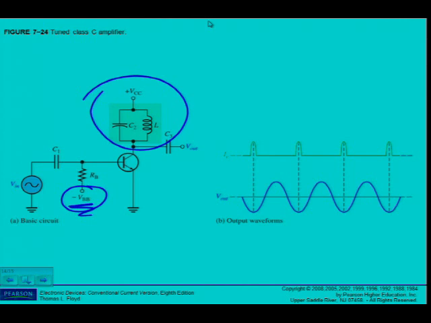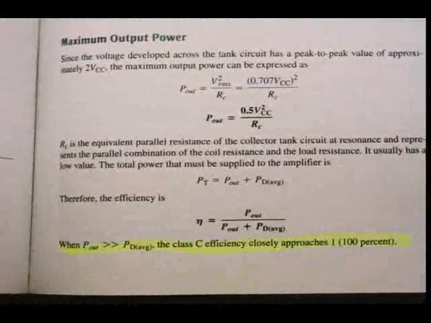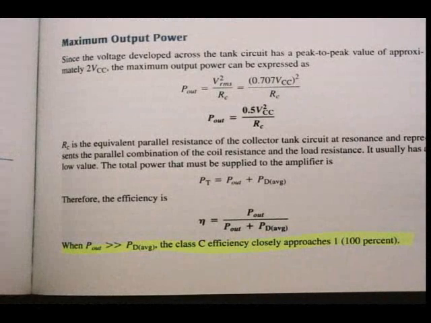I'm not going to ask you to explain the operation of the circuit, but be able to recognize it and name it. Then lastly, the efficiency of a class C amplifier, at the bottom of page 345. I can see when Pout is much larger than PD average, the class C efficiency closely approaches 1, which is 100%.